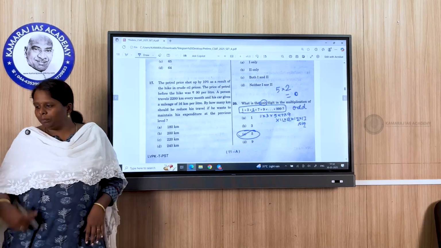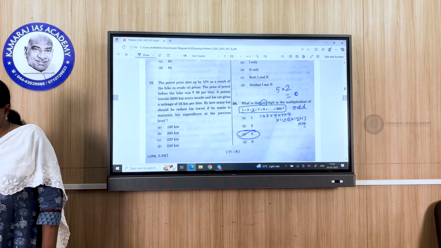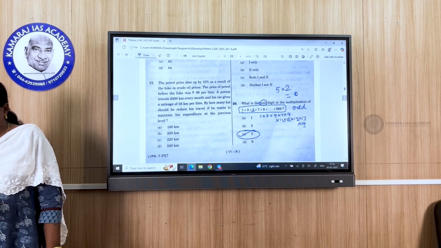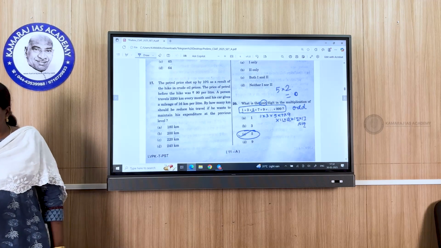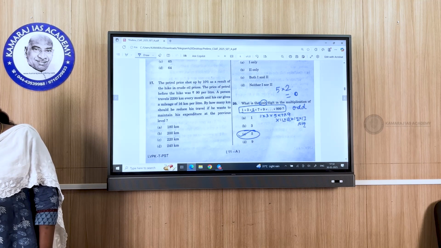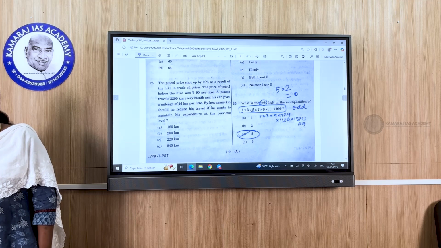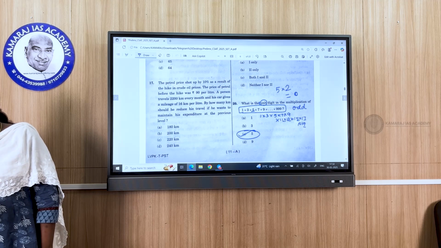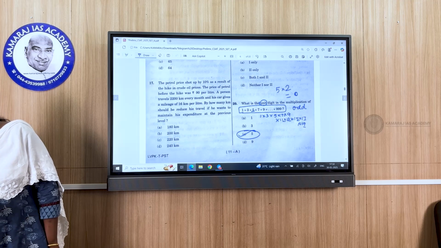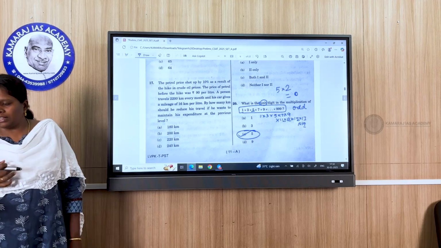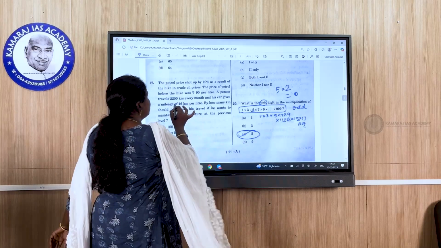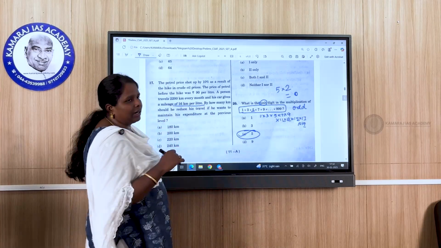Next, a petrol price shot up by 10% as a result of the hike in crude oil. So the price is rupees 90 per liter. A person travels 2200 kilometers every month and his car gives him a mileage of 16 kilometers per liter.